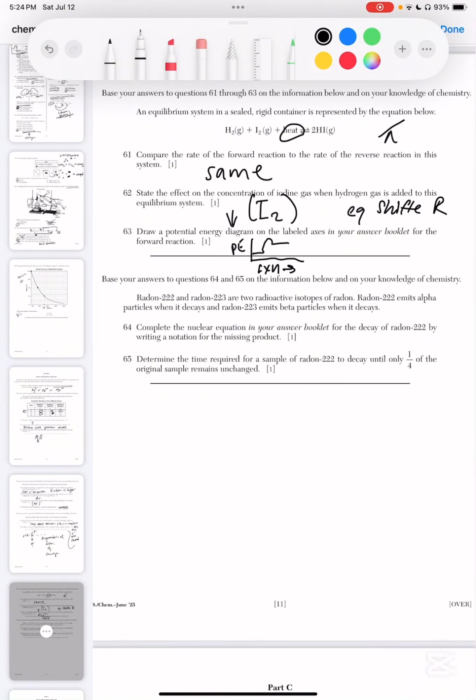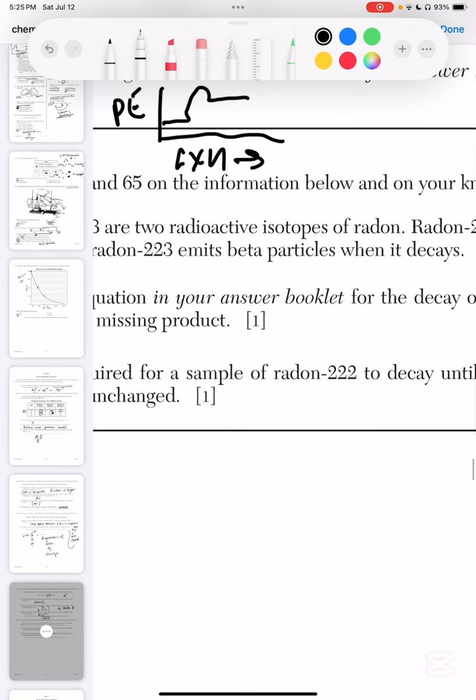Complete the nuclear equation for the decay of radon by writing a notation for the missing product. I don't know what the missing product is going to be, so I'll just write the whole thing out. Radon, alpha decay.